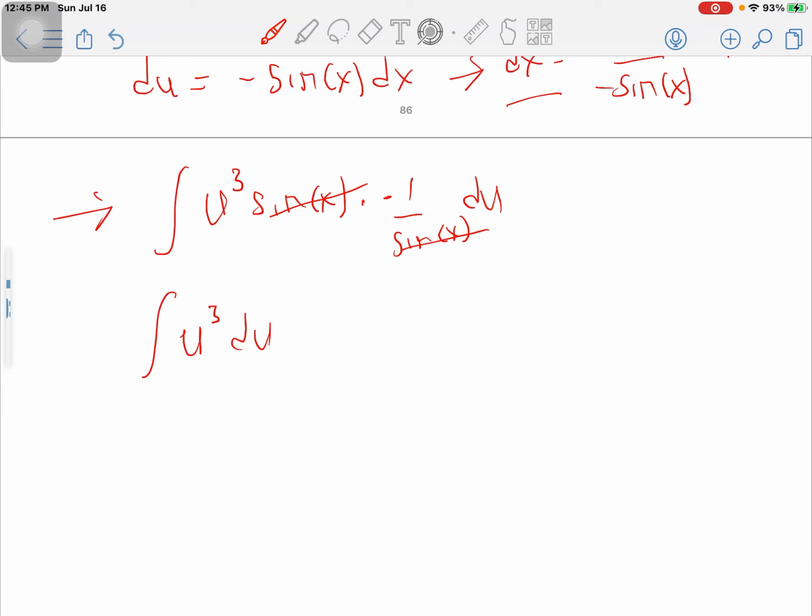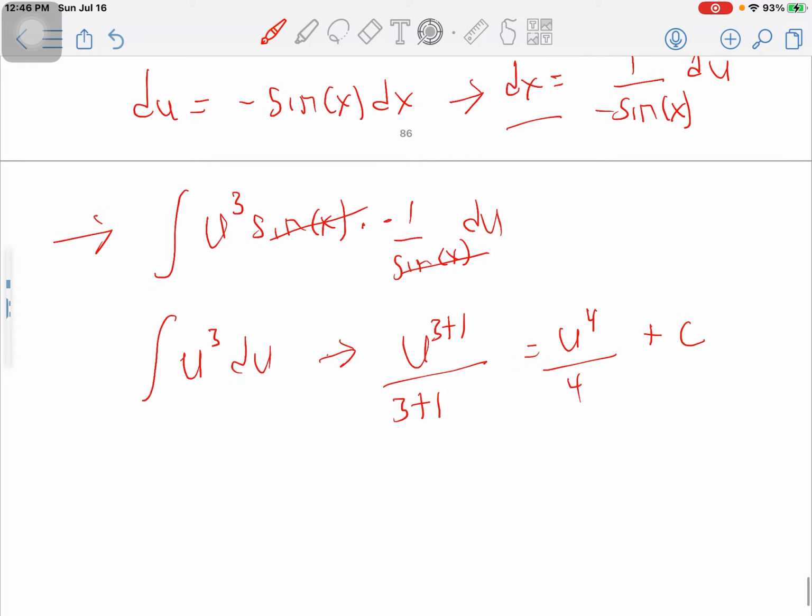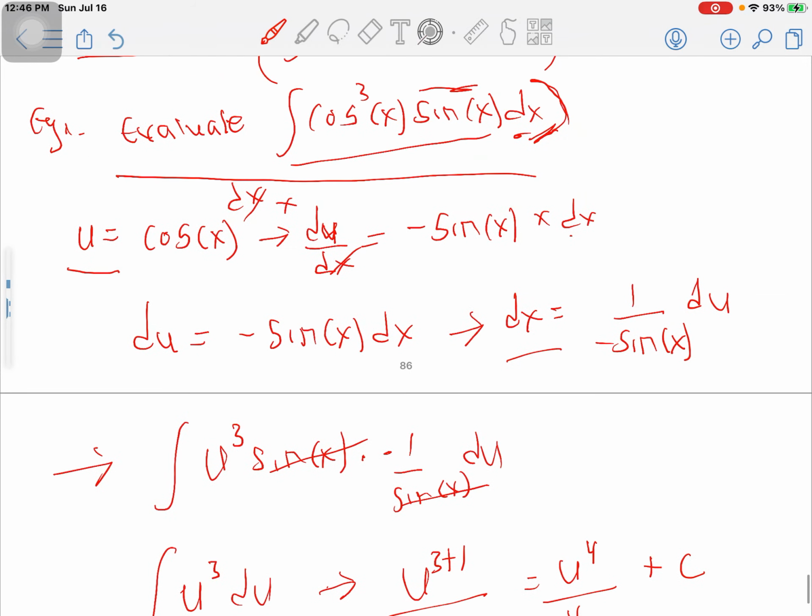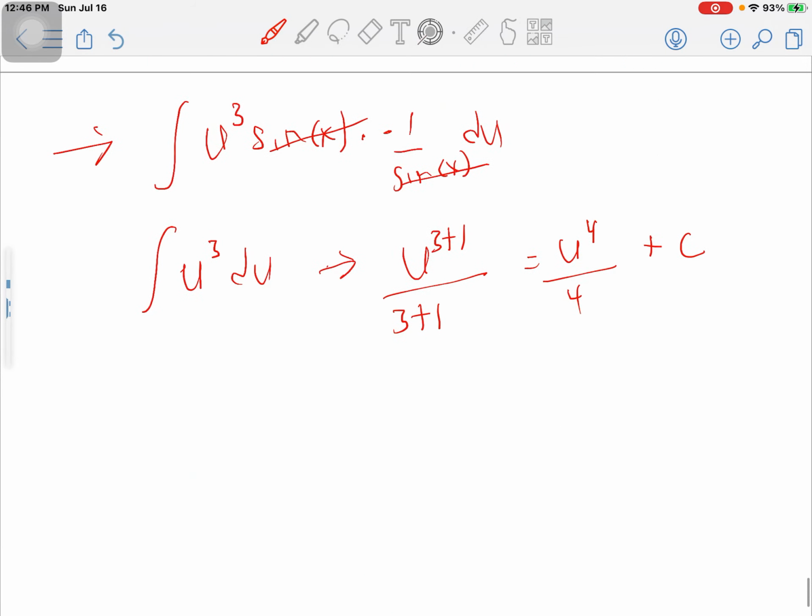Now you can see that everything is in terms of u, and now you can apply your normal power rule for integration. So you are going to get u power 3 plus 1 over 3 plus 1, which is equal to u power 4 over 4. And don't forget it's the indefinite integral, so you bring your constant of integration, plus c.